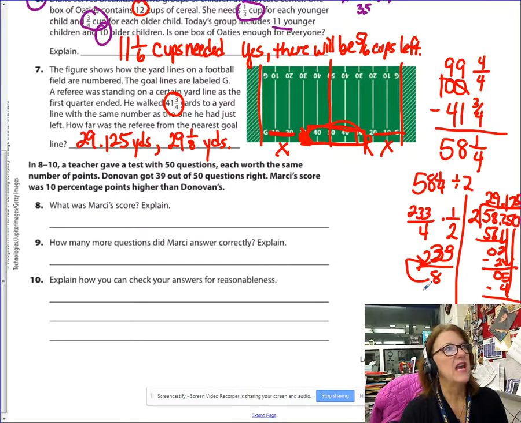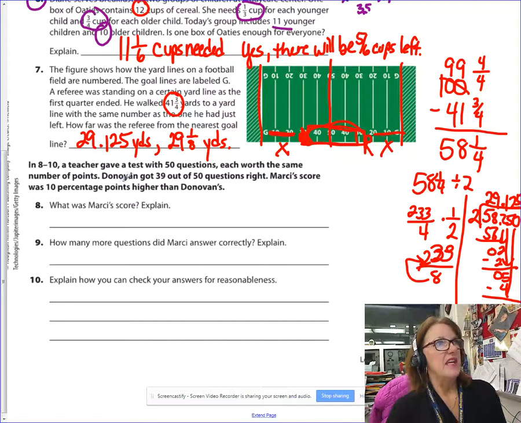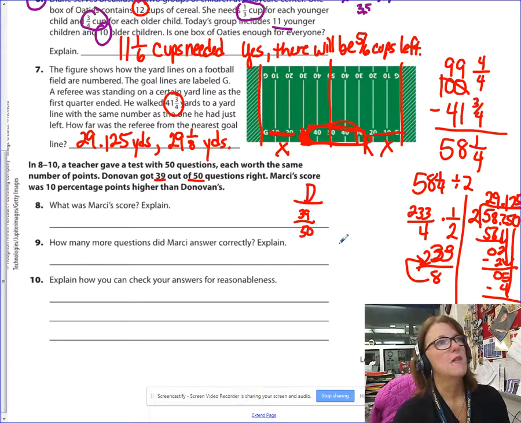All right, last one. Okay, it's a 50 question test. Donovan got 39 out of 50. Okay, stop right there. So here's Donovan, 39 out of 50. Marcy's score was 10 percentage points higher than Donovan's. Okay, hold your horses.